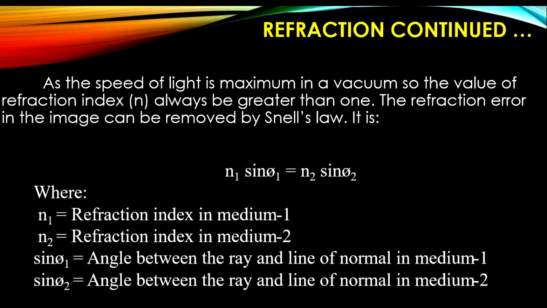It is n1 sin theta 1 equals n2 sin theta 2, where n1 is the refraction index in medium 1, n2 is the refraction index in medium 2, theta 1 is the angle between the ray and the line of normal in medium 1, and theta 2 is the angle between the ray and the line of normal in medium 2.